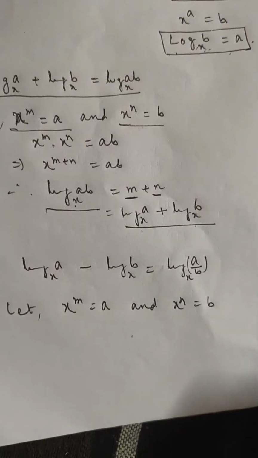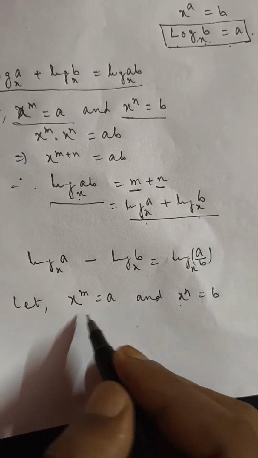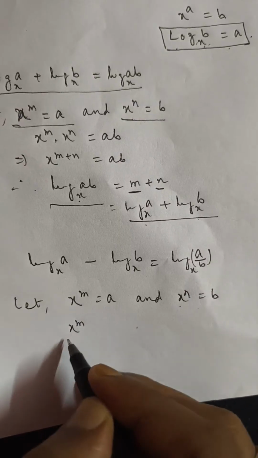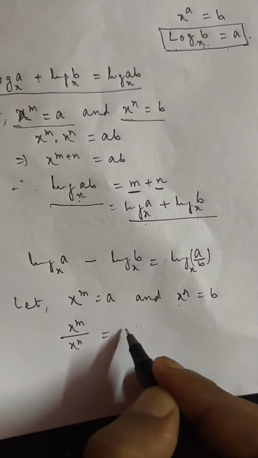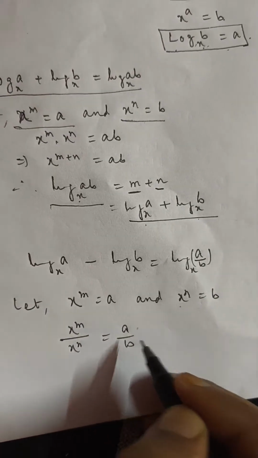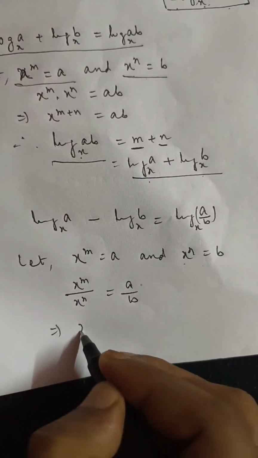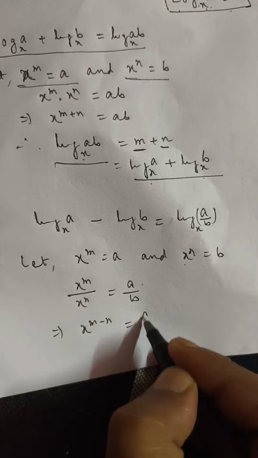Now if we divide both these equations, we will get x to the power m by x to the power n is equal to a by b, which implies that x to the power m minus n is equal to a by b.